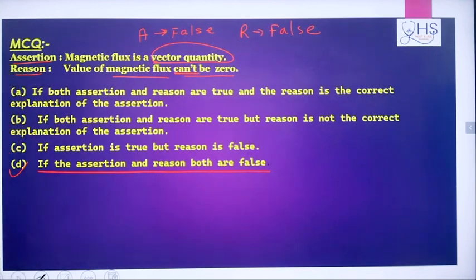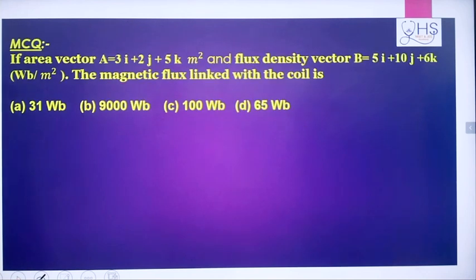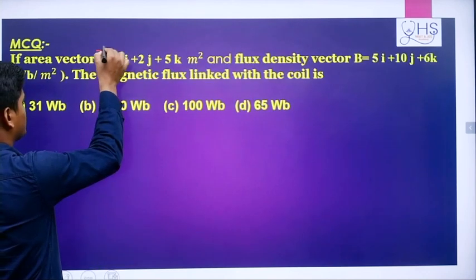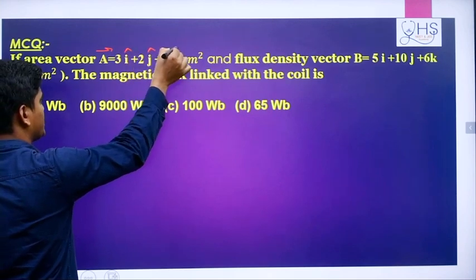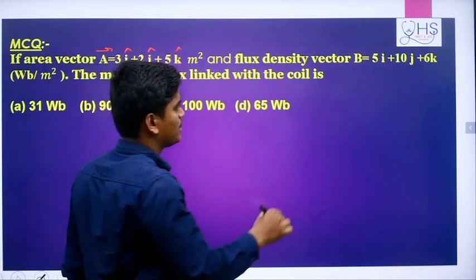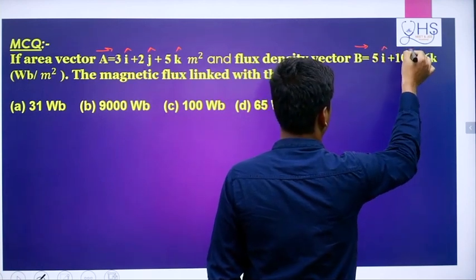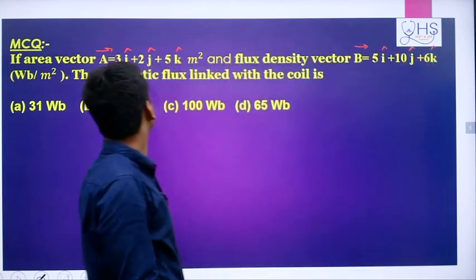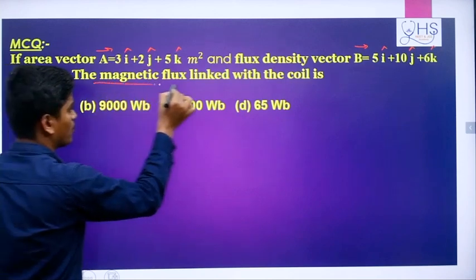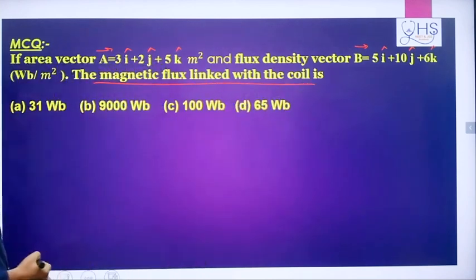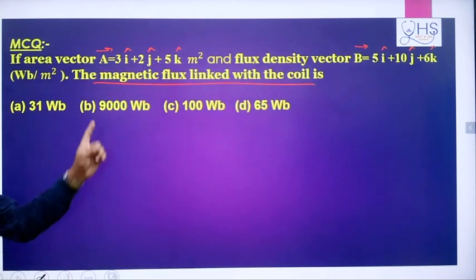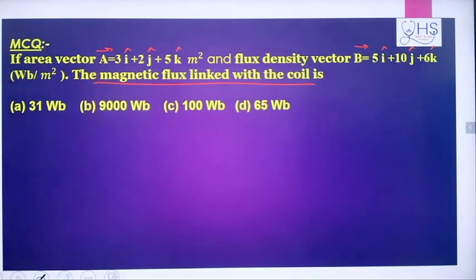Okay. Now if the area vector A vector is given as 3 i cap, 2 j cap, 5 k cap, and the magnetic flux density is 5 i cap, 10 j cap, 6 k cap, find the magnitude of flux linked with the coil. Now here the area vector and magnetic field are both given in vector form.